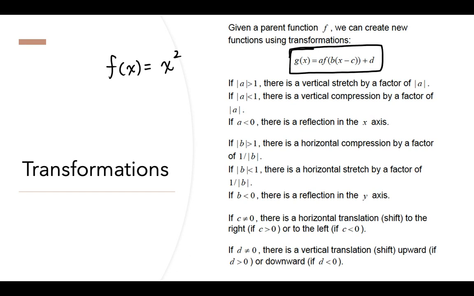So this can apply to any type of function. So that's why we represent using f here. Now there are 4 variables that I want you to take a look at: a, b, c, and d. So number 1 and 2 represent transformations.